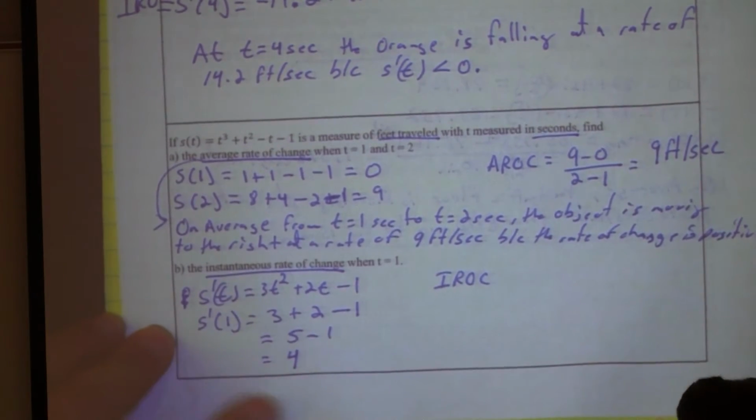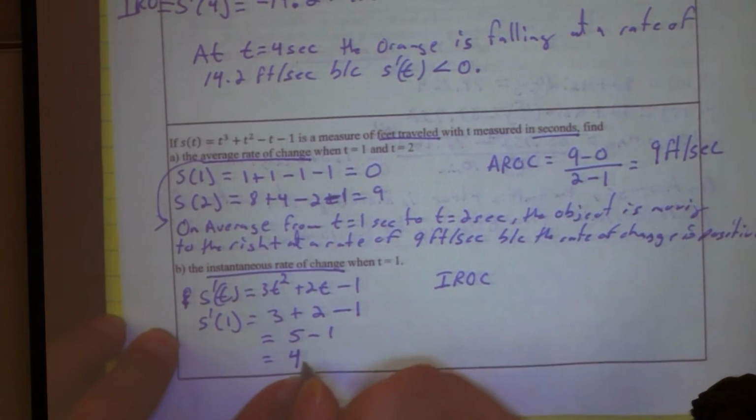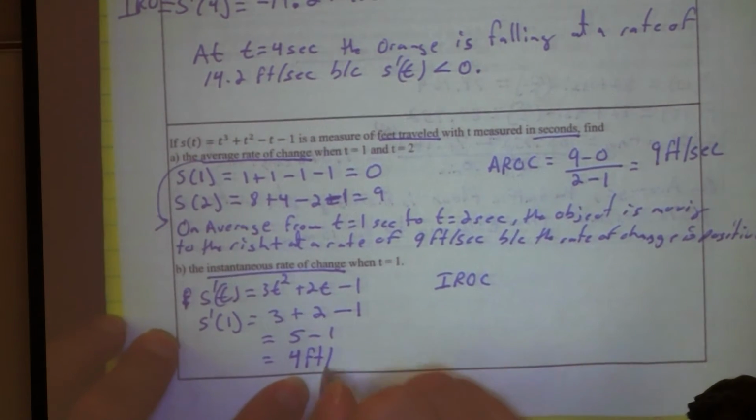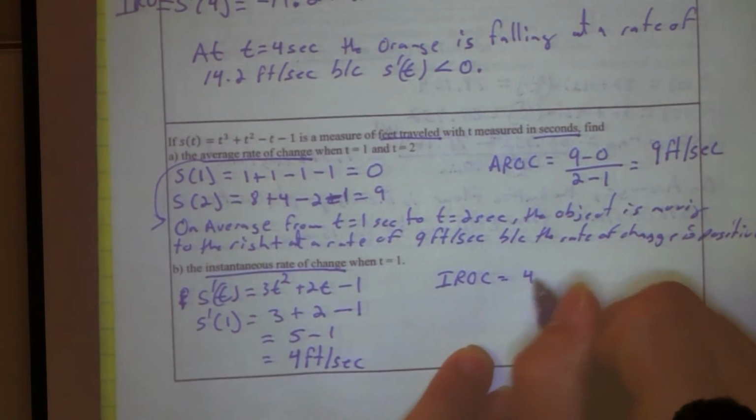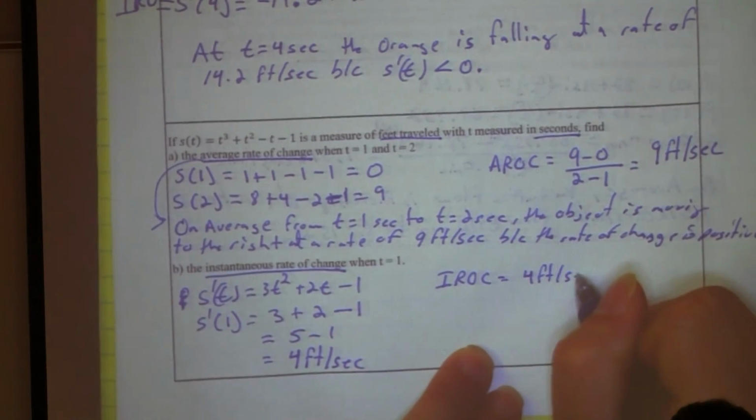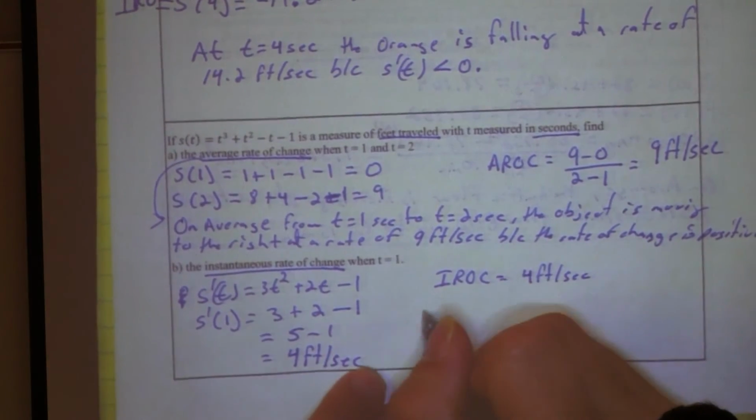So 4, and what would the units be? Still feet per second. Okay, but now what is this one describing? At a certain point. At 1 second. Okay, so what would we say?